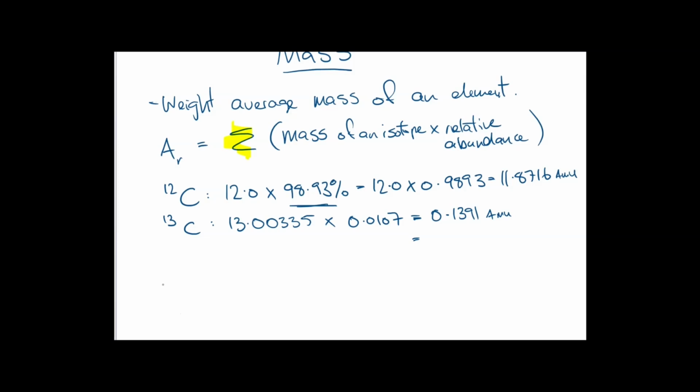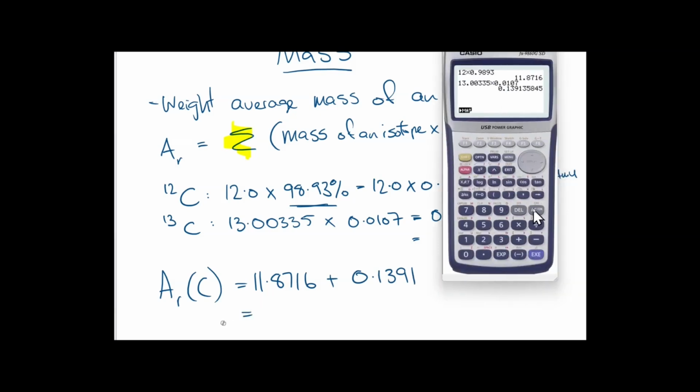So the relative atomic mass of carbon is going to be 11.8716 plus 0.1391, and Mr. Casio is going to help us out. Let's clear that. So 11.8716 plus 0.1391, 12.0151.